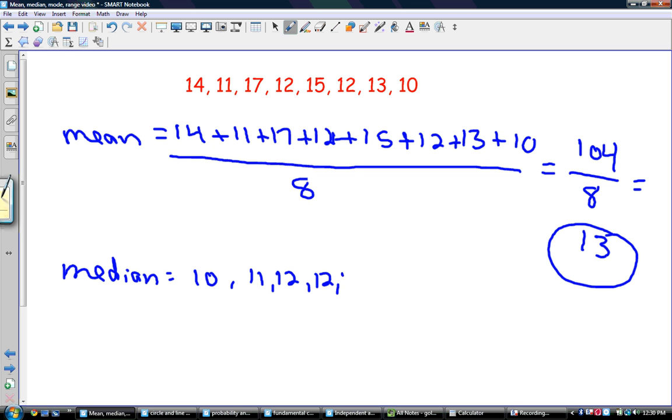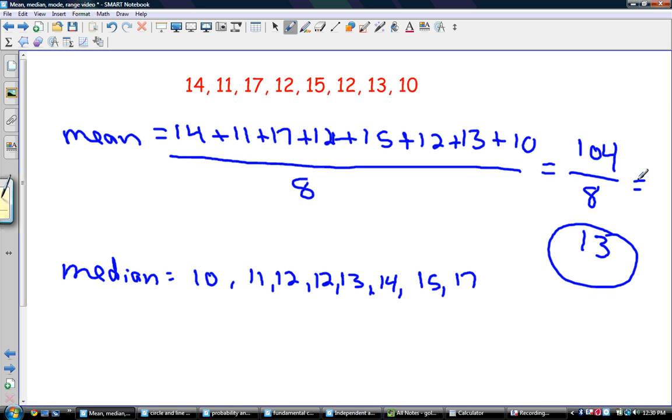I have a 13, 14, a 15, and a 17. And let me double check I got them all. Looks like 1, 2, 3, 4, 5, 6, 7, 8. So yes, I have all of them.